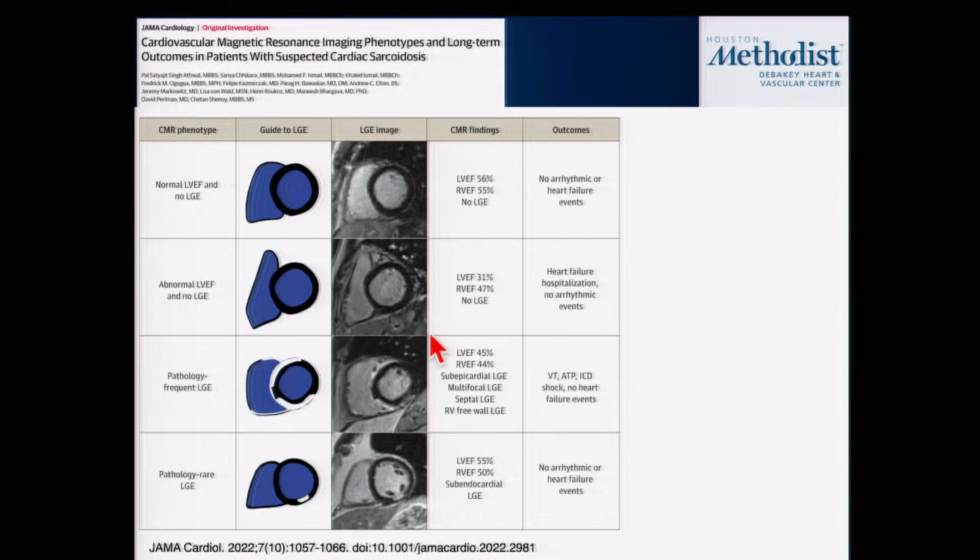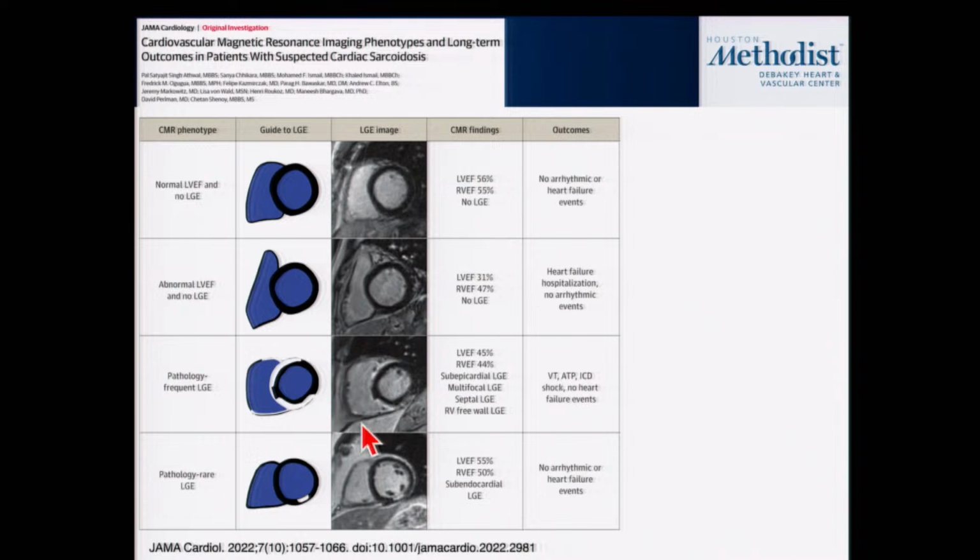In this series published in JAMA Cardiology a couple of years ago, they looked at, again, all patients that had a biopsy-confirmed extracardiac sarcoidosis diagnosis. If there was no LGE at all, the outcome in these individuals was quite good. No arrhythmias or heart failure events during the follow-up duration. For those that had abnormal LV function but no LGE, there were no arrhythmic events that were noticed.